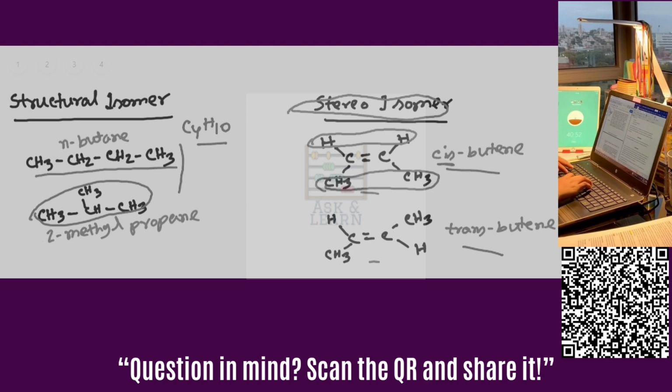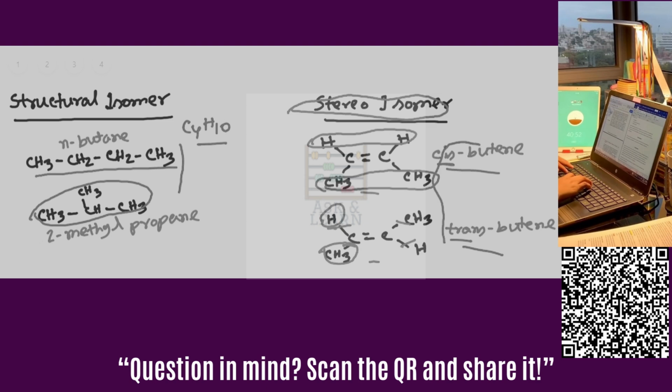And in the other one, we can see that the methyl group and hydrogen are on different sides. Like in this case, we have one hydrogen here and one methyl group, and on the other side we have another methyl group and another hydrogen. So this kind of spatial orientation is known as trans isomerism.